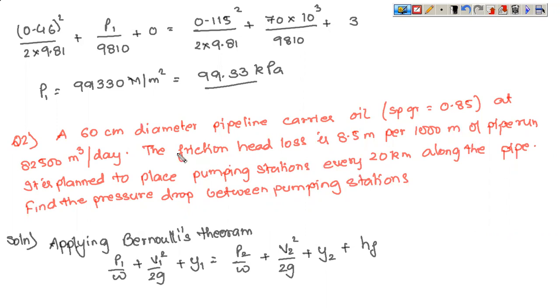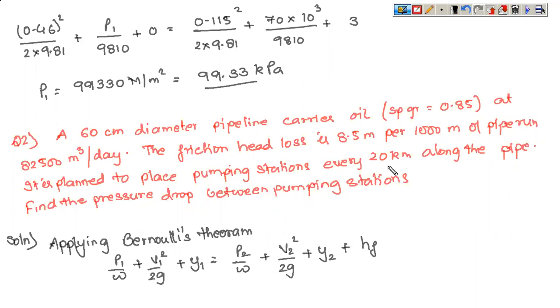The friction head loss is 8.5 meters. फ्रिक्शन हेड लॉस का मतलब है कि जो फ्रिक्शन की वजह से आपका हेड लॉस होगा, डिफरेंस इन प्रेशर क्रिएट होगा, वो है 8.5 मीटर्स, per 1000 meters of pipe run. अब प्लान क्या किया गया है कि हर 20 किलोमीटर के बाद एक पंपिंग स्टेशन रखेंगे.